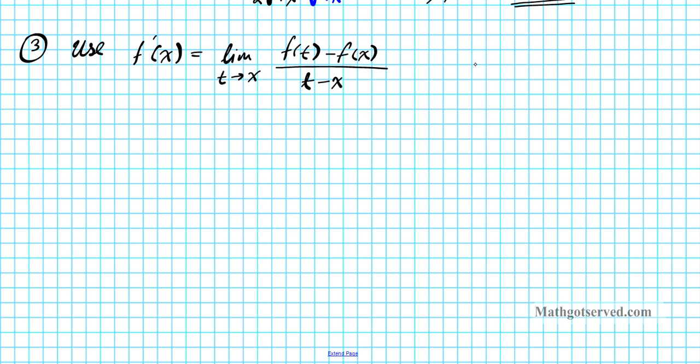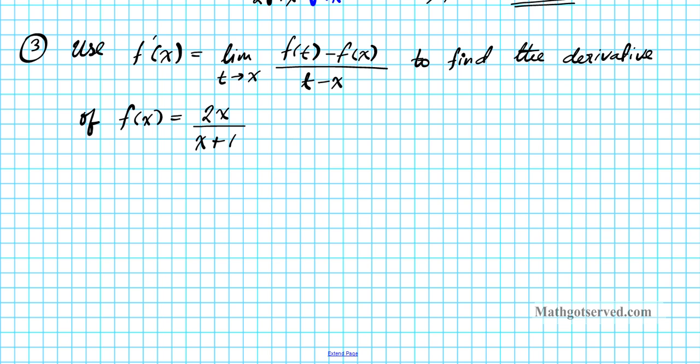All right, so we're going to use this to find the derivative of the function f of x equals 2x over x plus 1. Okay. Alright, so to do this, we already know what f of x is.